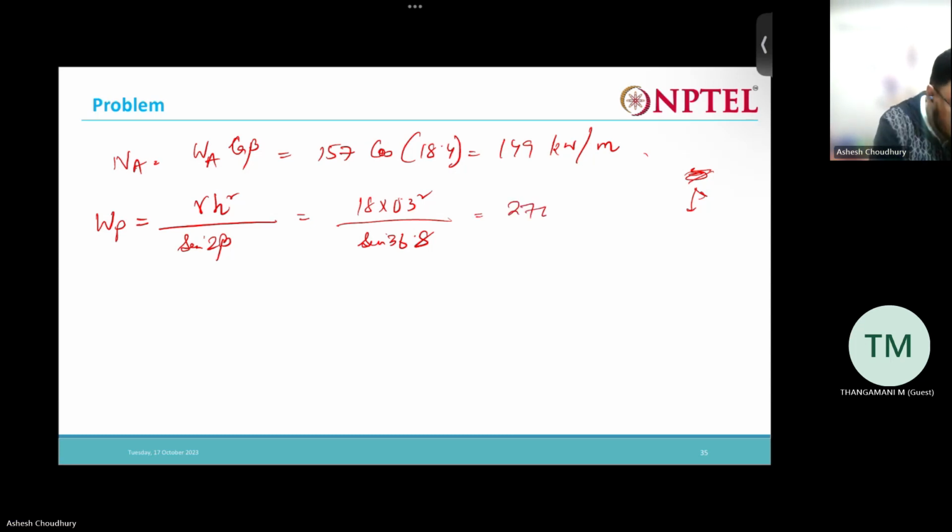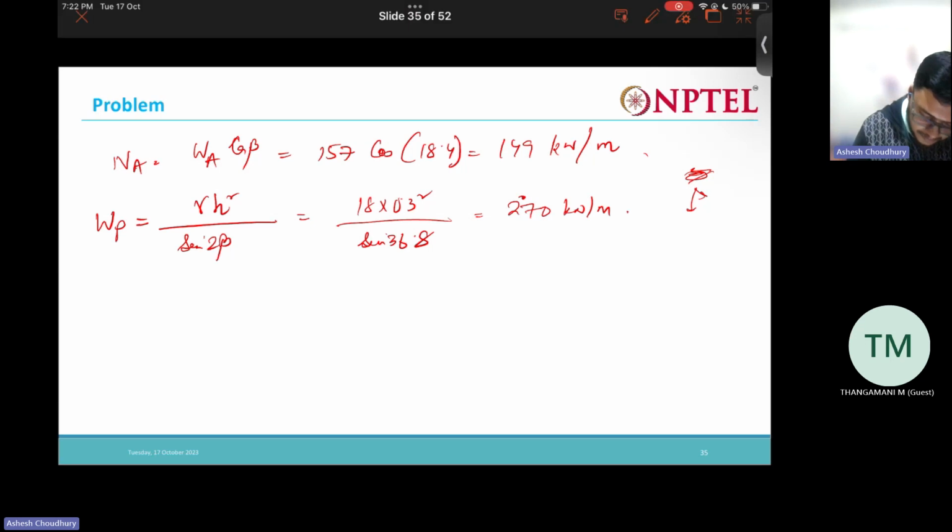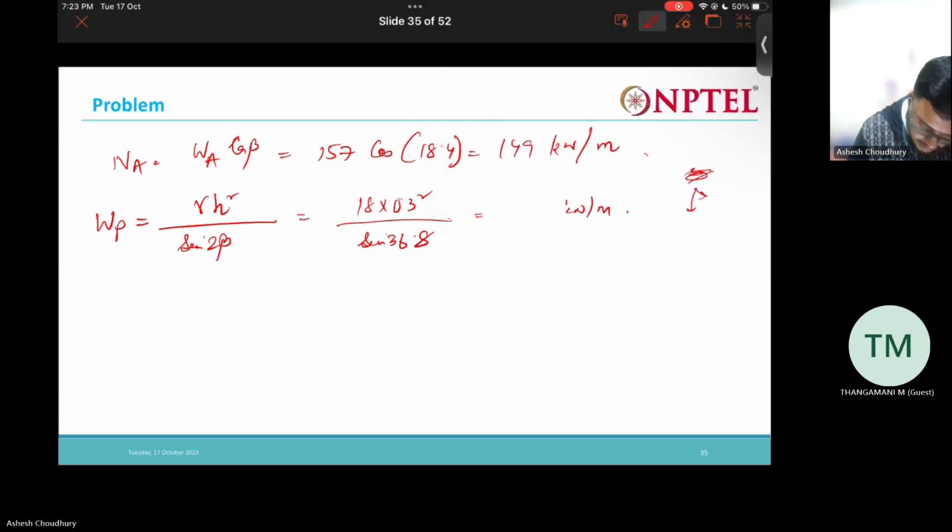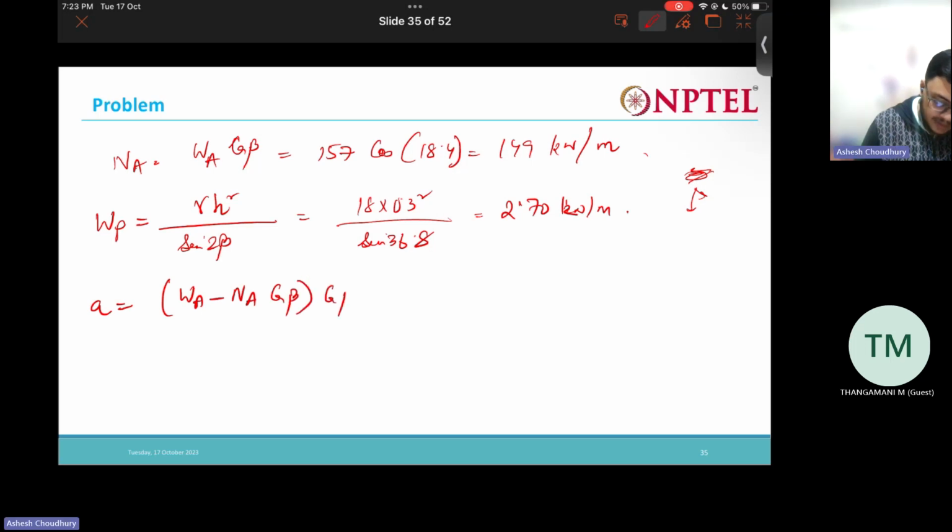2.70. I will just find it out: 18 into 0.3 squared divided by 2.7. Then find out ABC. I will just give all the values. You can do this by yourself. It will come out as 14.8.